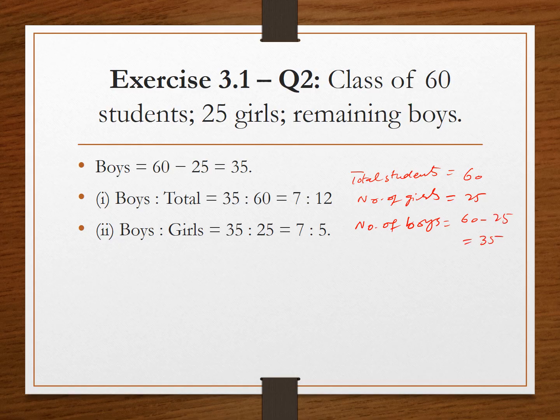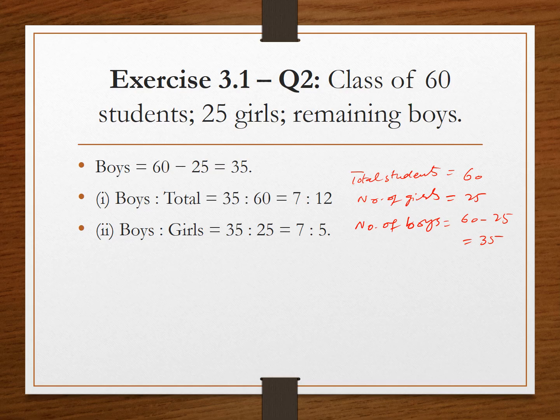The first part is we have to find the ratio of boys to total number of students. So it can be written as 35 ratio 60, as boys are 35 and total students are 60. After reducing to its lowest form, we will get 7 ratio 12.